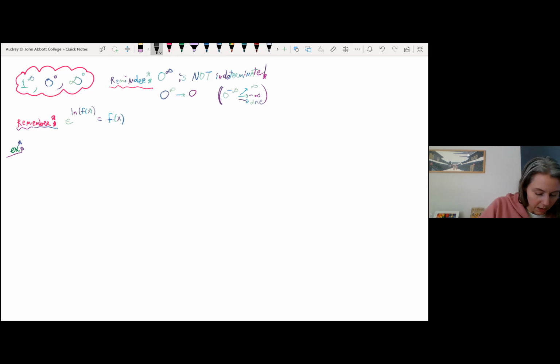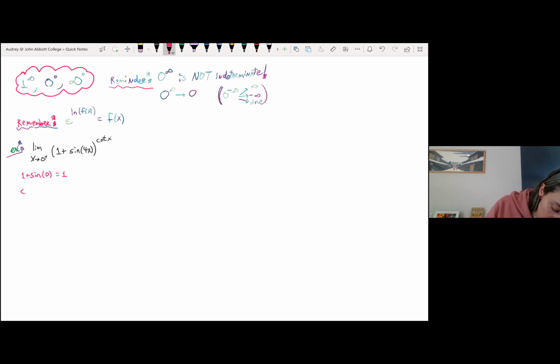I'm going to look at the limit as x approaches 0 from the right of 1 plus sine of 4x to the power of cotangent x. So as usual, when we have a limit, the first thing that we want to do is plug in. So we're going to plug in 0. And 1 plus sine of 0, well, sine of 0 we know is just 0, so this is 1.